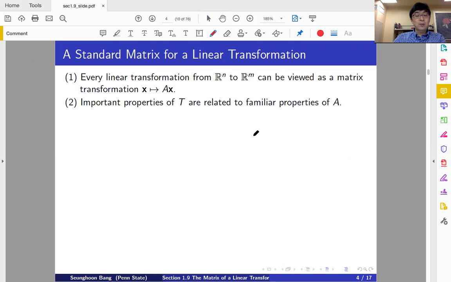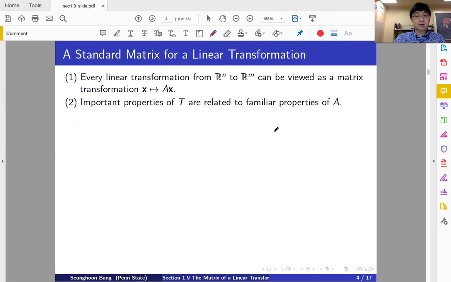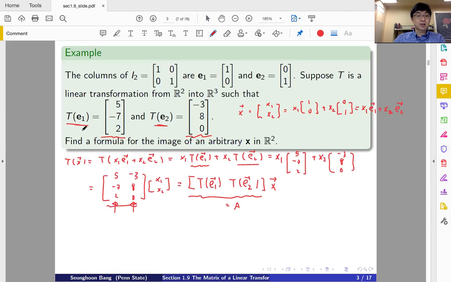The important properties of T are related to the familiar properties of A. The key to finding A: T is completely determined by what it does to the columns of the n by n identity matrix In, as in the previous example. This is the key.